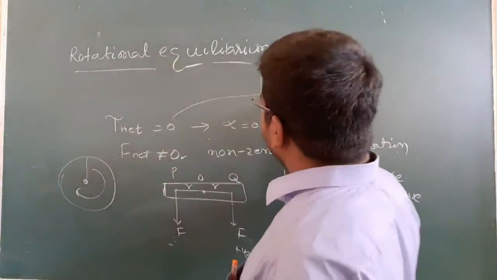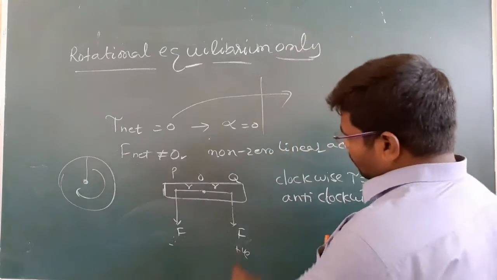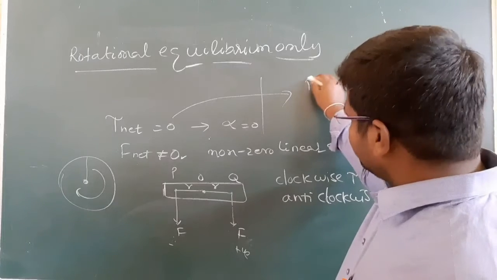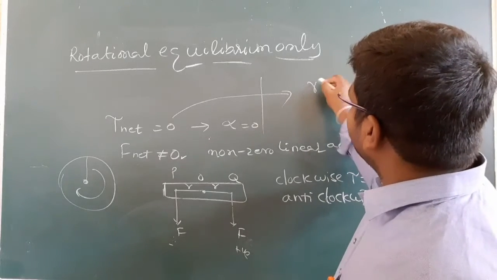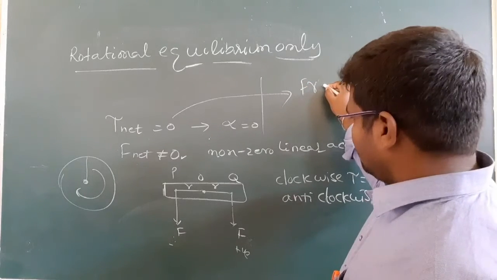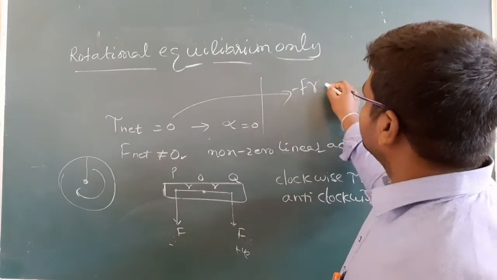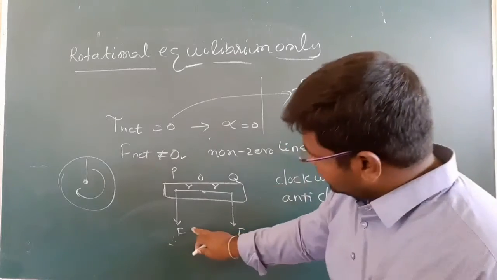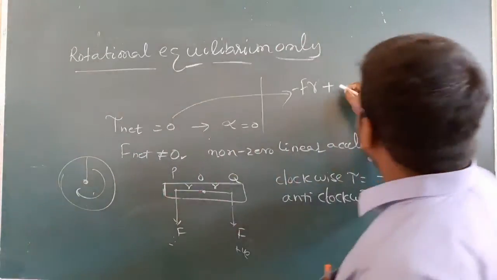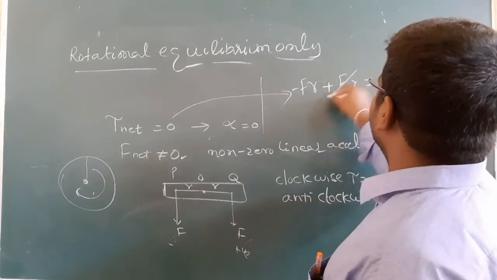So how do we get the net torque to be 0? Clockwise torque means F into R, minus the anti-clockwise torque. This is anti-clockwise, so the clockwise direction is opposite. Plus Fr is equal to what? 0.